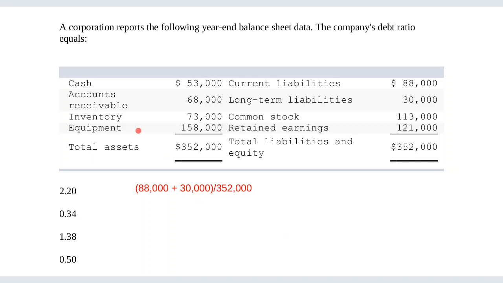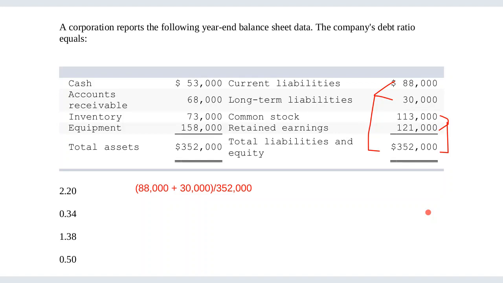So yeah, total assets, it's the same as total liabilities and equity. But I just like to say it in relation to total equities, because in that way you can see how much is coming from debt versus how much is coming from capital.